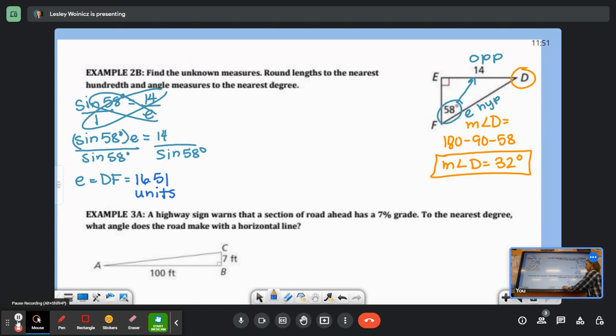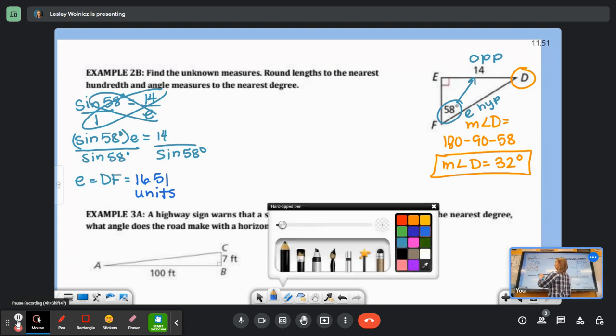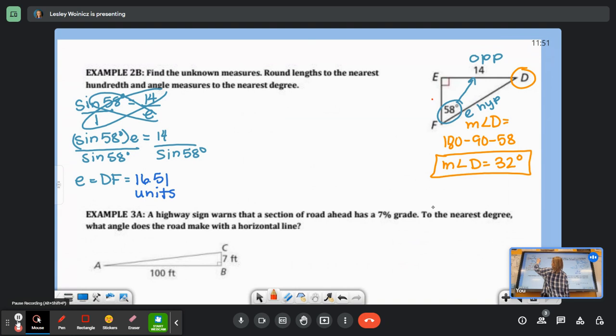Okay, we'll call this side little d. With respect to our 58-degree angle, little d is the adjacent. Good. And then the hypotenuse is still the hypotenuse. Oh, we still have the opposite, and then we have the adjacent.